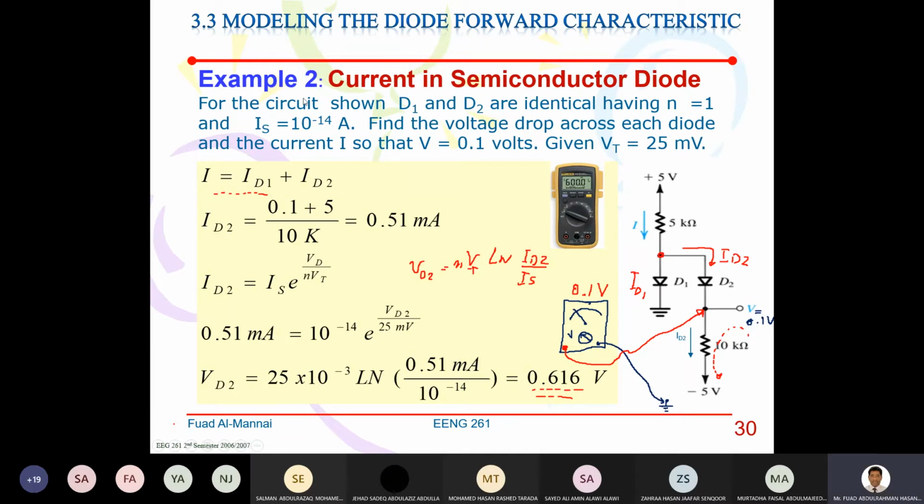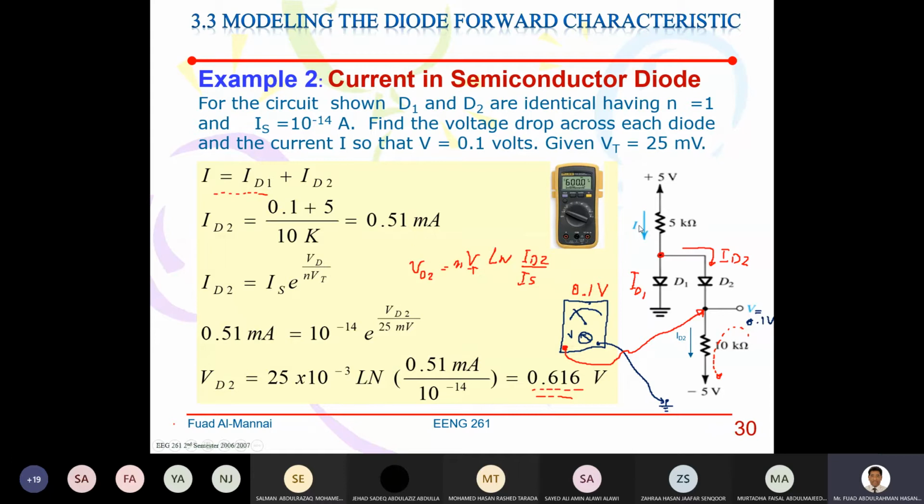For example 2 here, for the circuit shown, D1 and D2 are identical, meaning they are the same, having n equal to 1 and Is equal to 10 to the power minus 14 amp. Find the voltage drop across each diode, D1 and D2, and the current I. What is I?